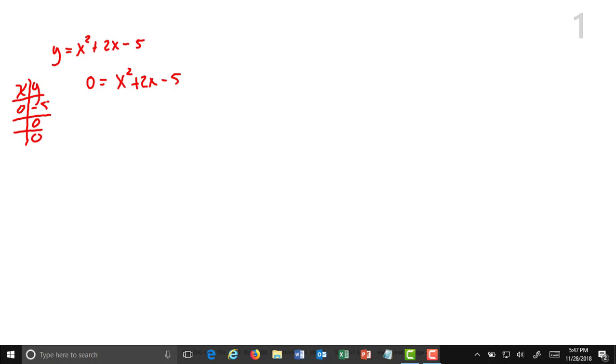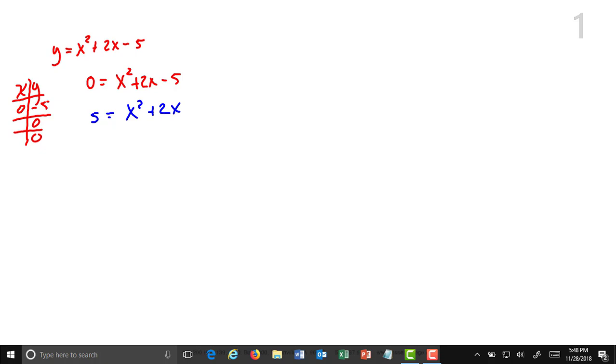You take the constant and you bring it over here, so I'm going to add 5 to both sides. Now, you always take the middle term, the coefficient 2, not the variable, and you divide it by 2.